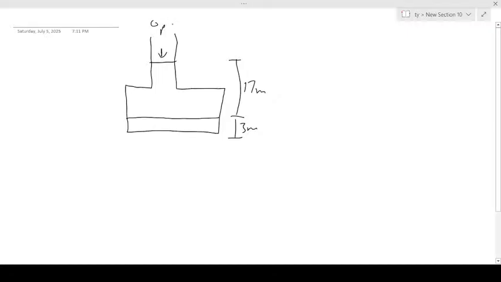The question says, because of a leak in a buried gasoline storage tank, water has seeped into the depth shown below, which is this diagram. It says that the specific gravity of this gasoline is 0.68, and we are being asked to find the pressure at the gasoline-water interface.